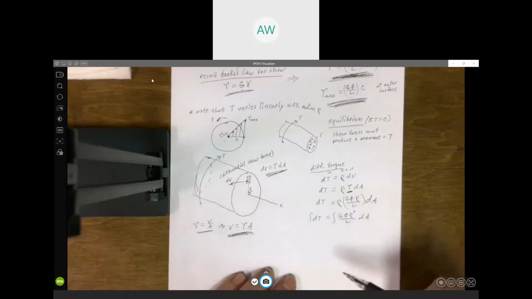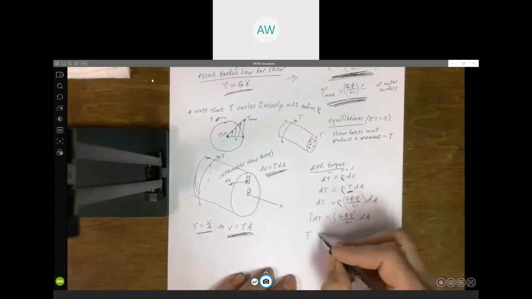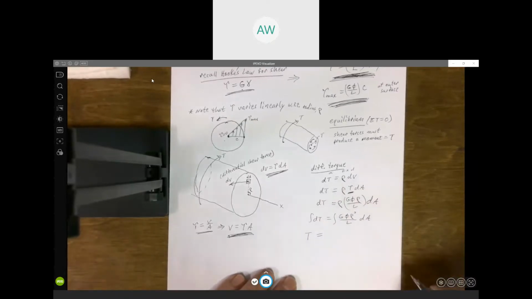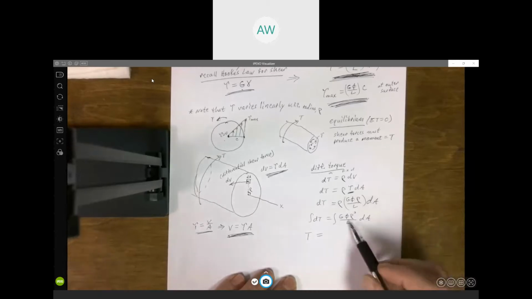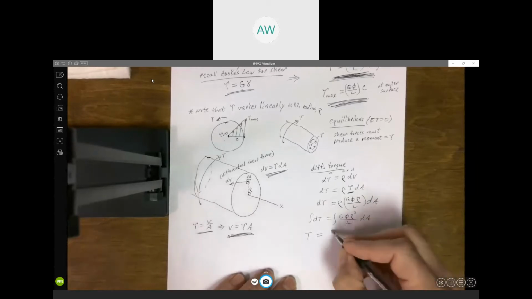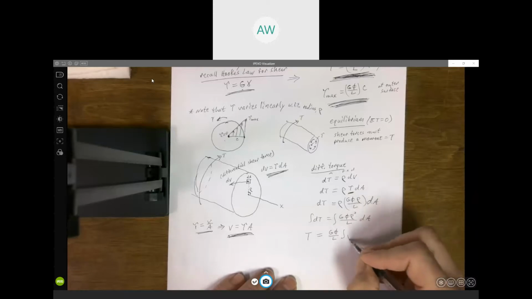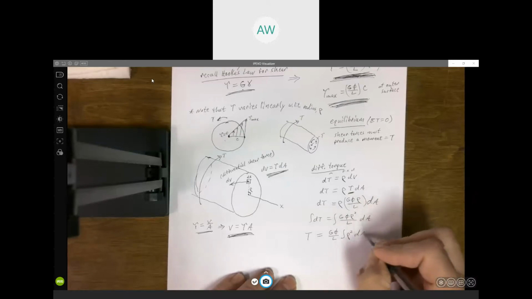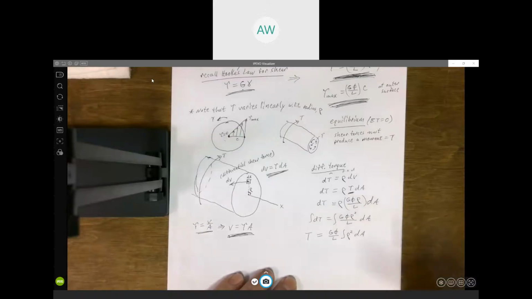On the left side, we're going to get the total torque. On the right side, I can factor out G, phi, and L because those are constant with respect to integrating over this cross-sectional area.